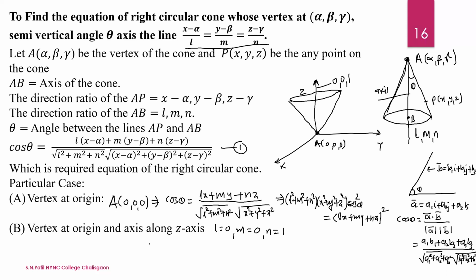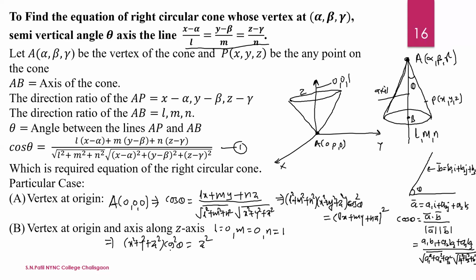Then what equation do we get? We get simply (lx + my + nz) squared. n squared means 1 squared is 1, and on the right-hand side, (x square plus y square plus z square) into cos square theta, and on the left-hand side, l and m are 0 and n is 1, so simply z square is there.